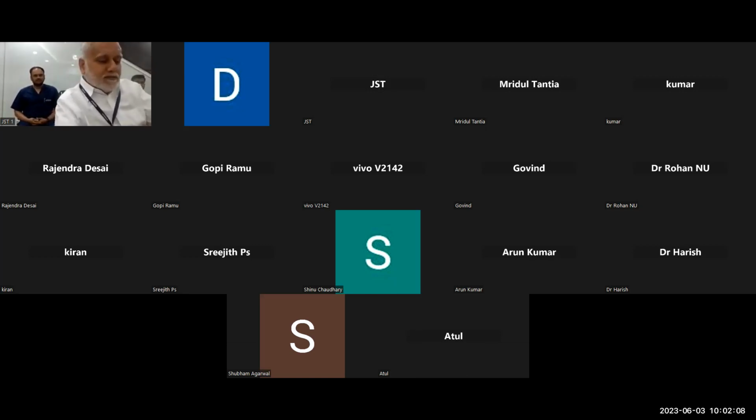So just one or 2 points. One is that as she in between pointed out that for the early stages, endoscopic ultrasound is better. So in the exam, when you get a case, 99% of the cases, there would be no role for endoscopic ultrasound, because most of the cases which we see in clinical practice or you will get in the exam will be cases which are beyond T2 most of the times. So unless it is a polypoidal lesion which is projecting into the lumen and it has not gone beyond the muscularis propria.